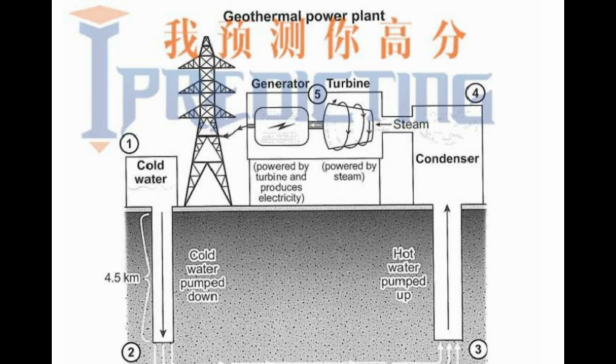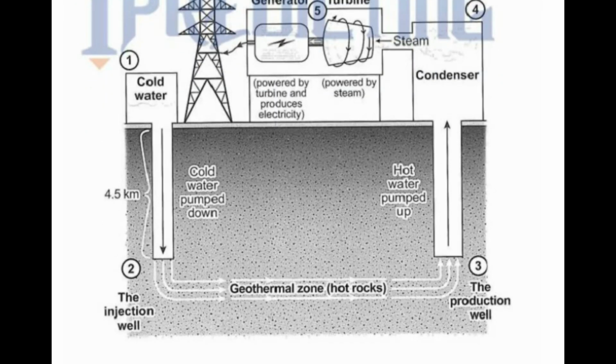The last one, last but not the least, is this process diagram, a geothermal power plant, which is a natural source of producing electricity. We have the geothermal zone, also called hot rocks lying underneath the surface of the ground.